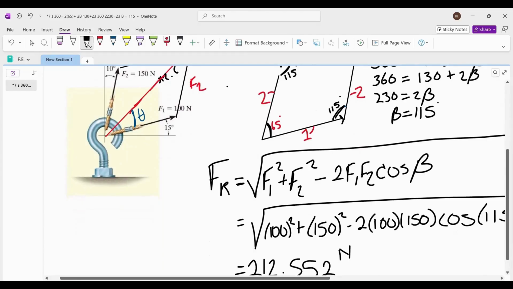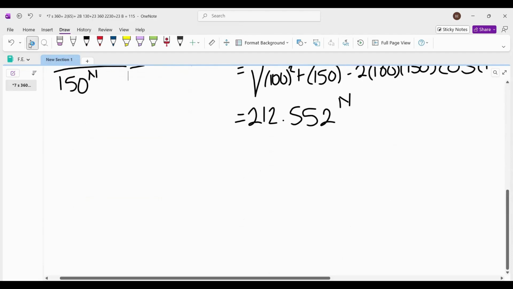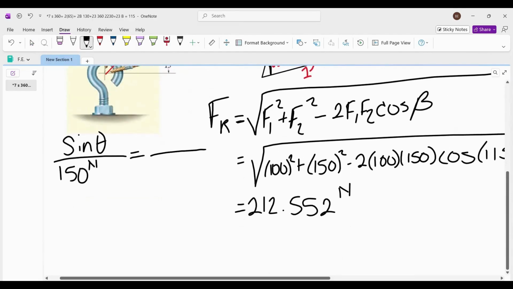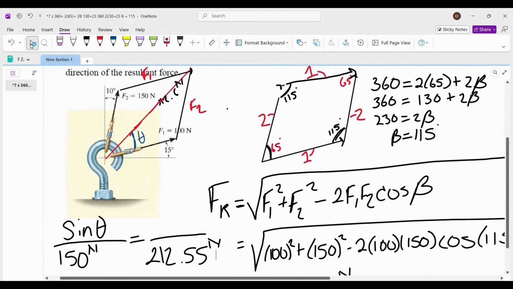And we're just going to use the sine law. For the sine law, we know that sine of theta goes over the opposite side. The opposite side of theta is F2. We know that F2 is 150, so 150 newtons. Now we're going to be using the resultant force that we already found, which was 212.55 newtons, which is this one right here.